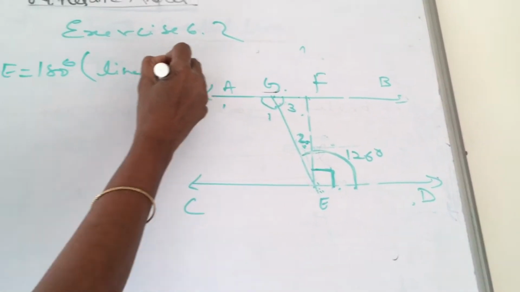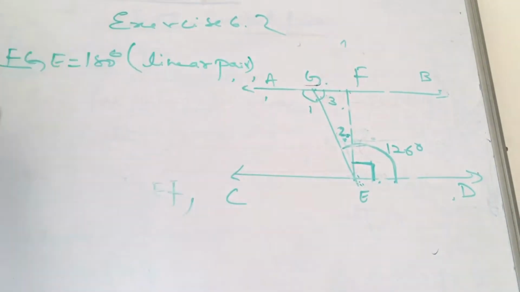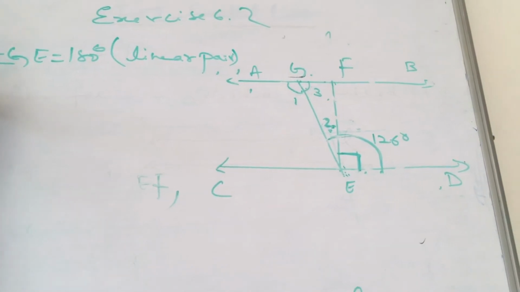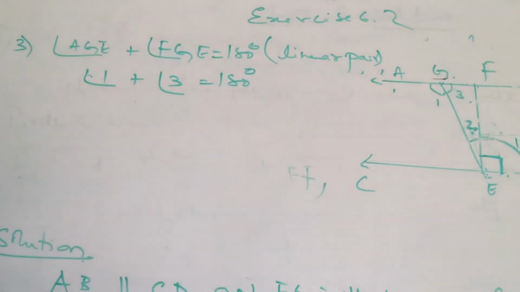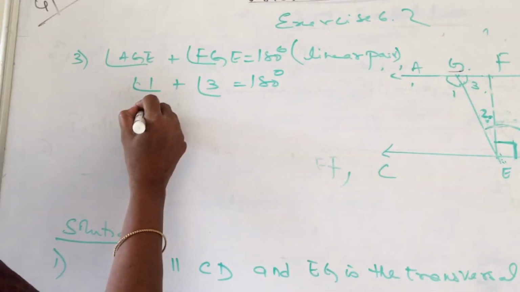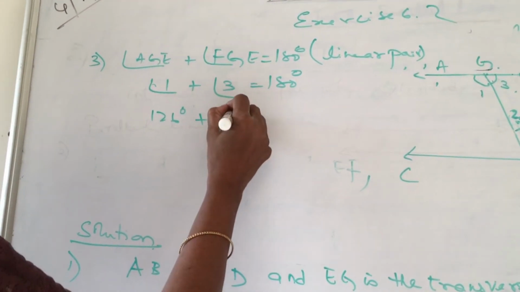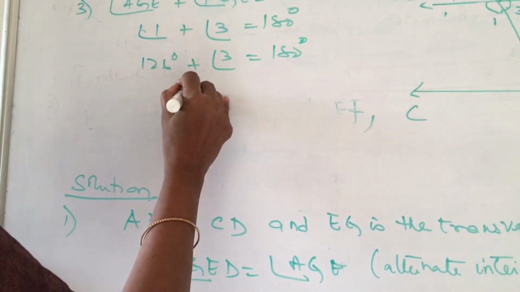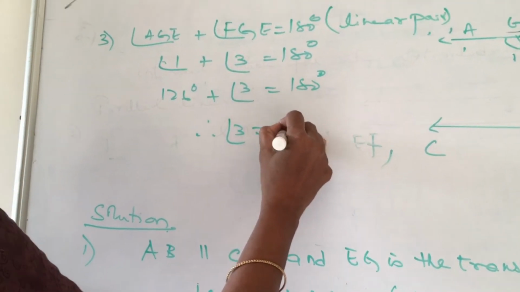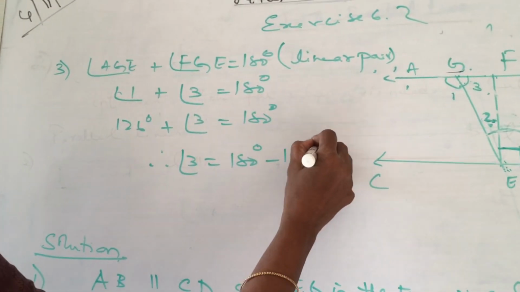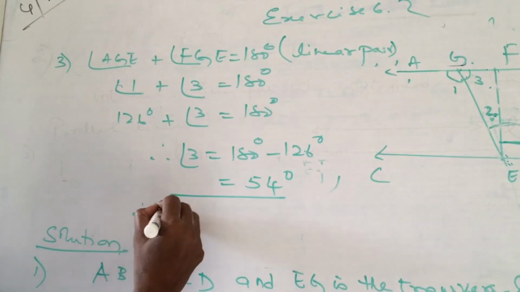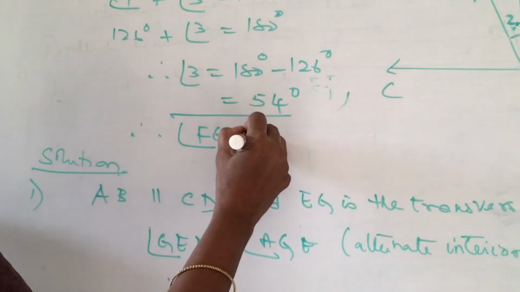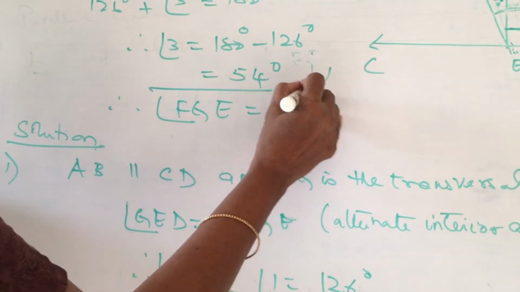The reason is what, children? Linear pair. Angle 1 plus angle 3 is 180. What is angle 1? 126 degrees plus angle 3 is equal to 180. Therefore, angle 3 is how much, children? 180 minus 126, that is equal to 54 degrees. Therefore, angle FGE is equal to 54 degrees.